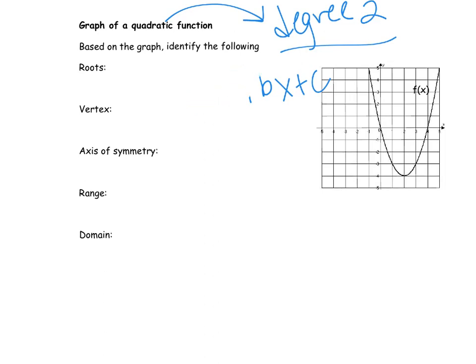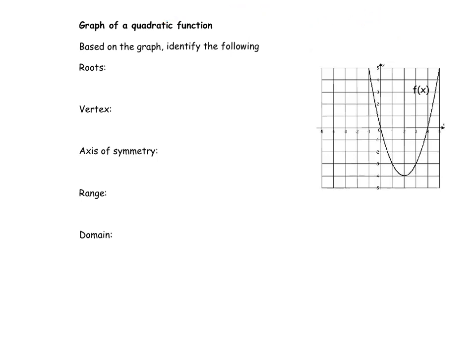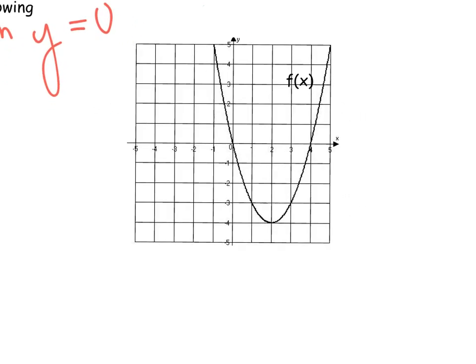What's another word for roots, guys? Good. Another word for roots is zeros. But what does that mean? Our zeros. We are looking for when y equals 0. So if I were to look at my graph, where does y equal 0? Well, let's check it out.